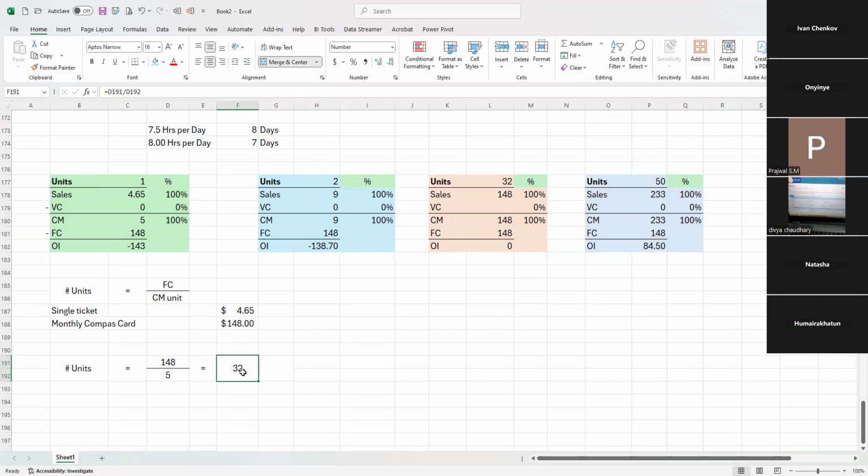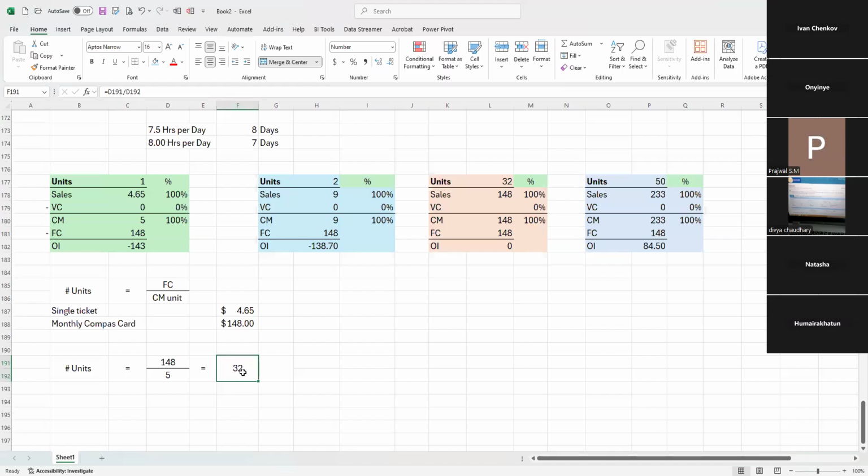So what you said, if you ride more than 32 times you're going to be generating savings, right? Yes. I was thinking, if you ride more, won't it be like a negative sign on your Compass card? Or the 148 being a fixed price doesn't matter if you go more than 32?